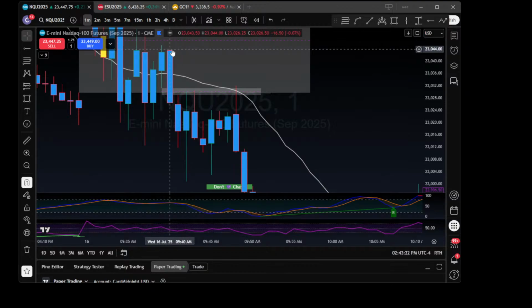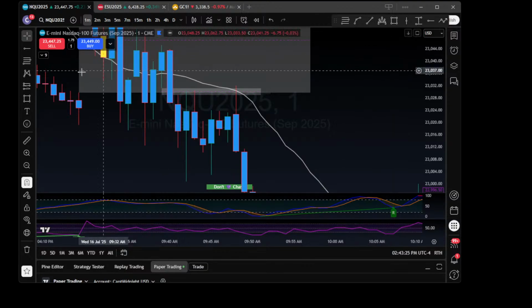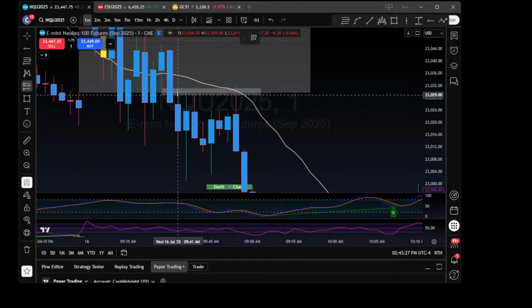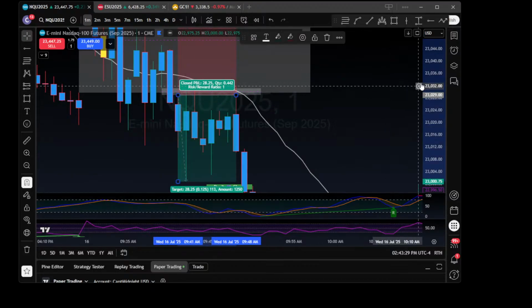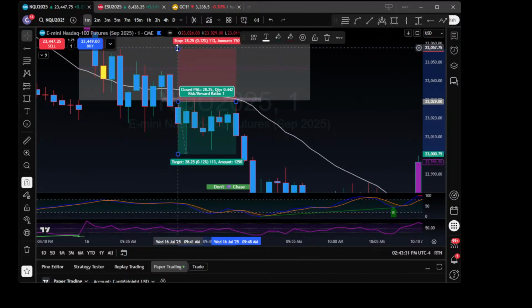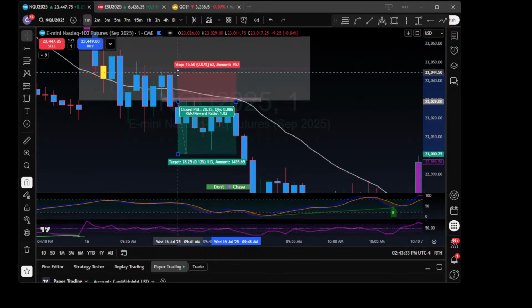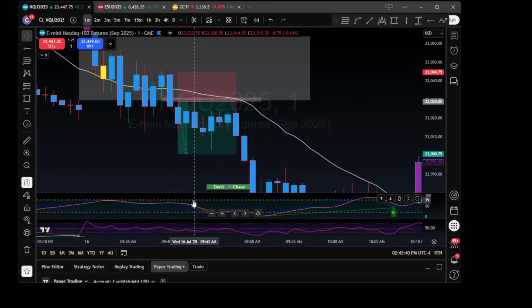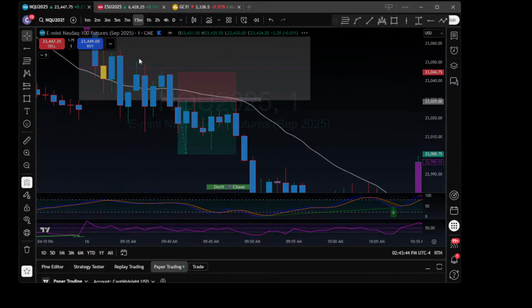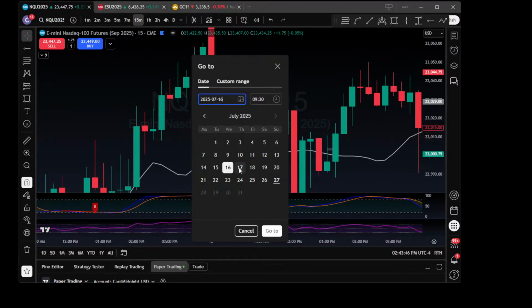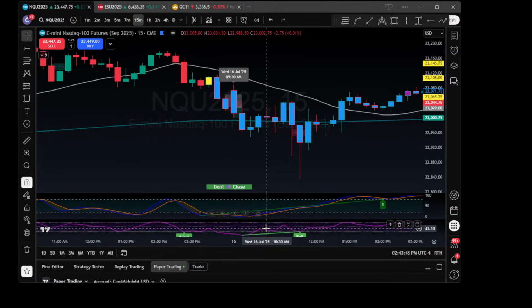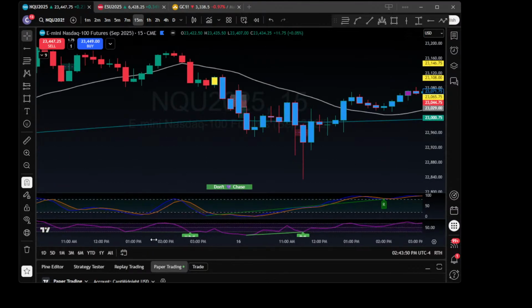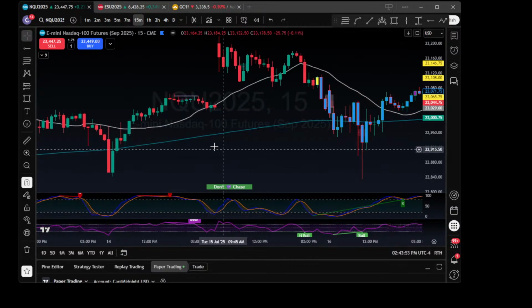Look at that. That's a huge stop. Oh, maybe it's not a huge stop. Dangerous stop, though. What date am I on? The 16th. So I would be looking lower on this.